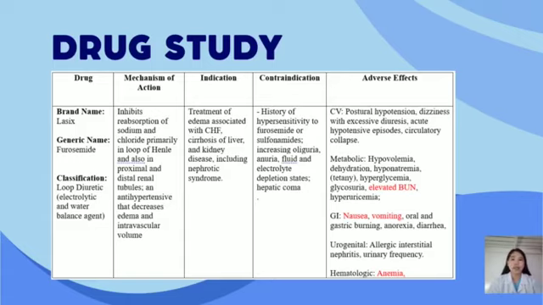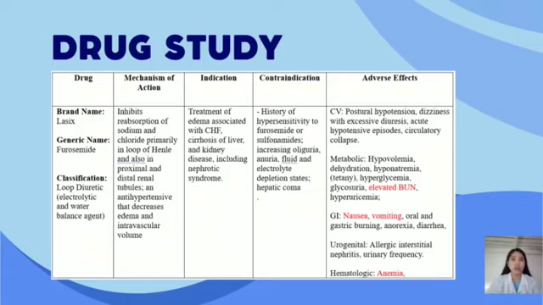It is an antihypertensive that decreases edema and intravascular volume, since the patient is also positive for edema. It is indicated for the treatment of edema associated with CHF, cirrhosis of the liver and kidney disease including nephrotic syndrome.